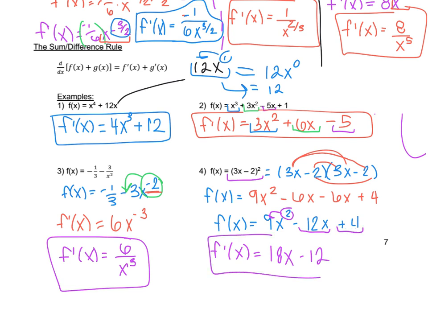So this is the derivative, 18x minus 12. So sometimes you will need to do a little bit of legwork of rewriting that original function as individual powers of x, then apply the power rule. So that's a good glimpse at the power rule, and it makes finding derivatives way, way, way faster than that limit process.